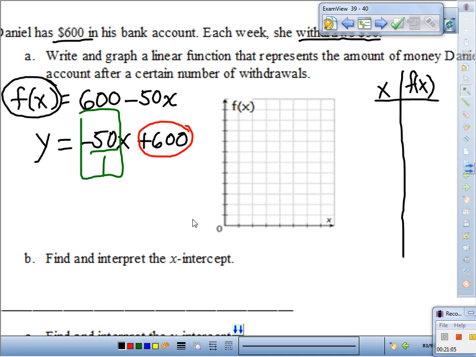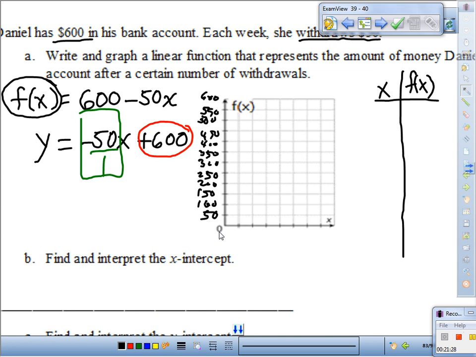So let's see. 50, 100, 150, 200, 250, 300, 350, 400, 450, 500, 550, 600.